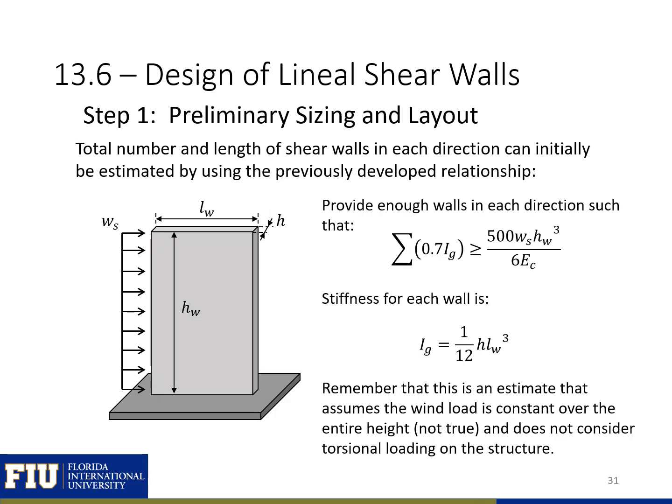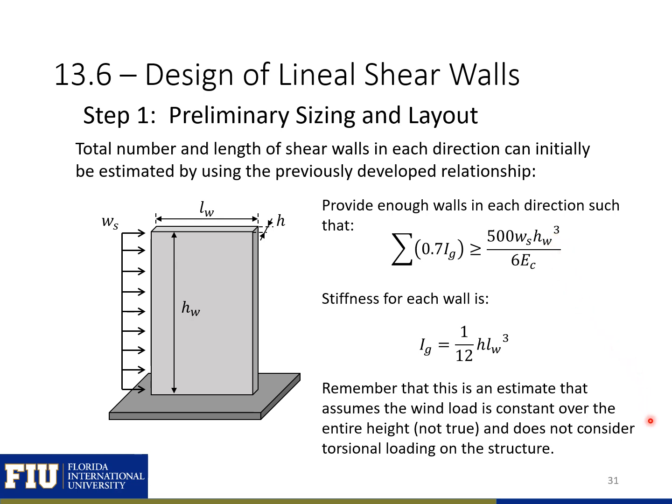With the 12-inch wall thickness, we can then determine the total number and length of shear walls in each direction using the equation that we came up with earlier in the class. So we want to provide enough walls in each direction such that we have sufficient stiffness of our walls. So we can sum the 0.7 I gross of all of our walls in one direction and make sure that it's greater than or equal to this equation here, 500 WS, our wind load, times HW to the third, the height of the wall to the third, divided by 6 EC.